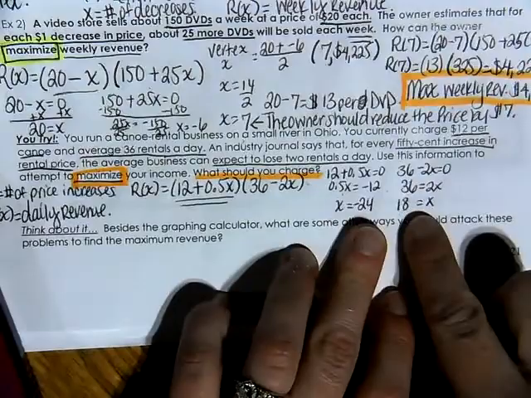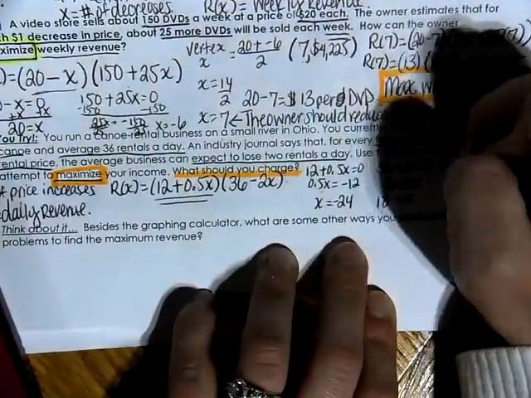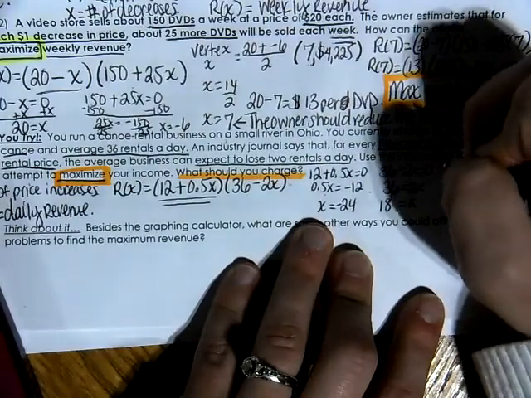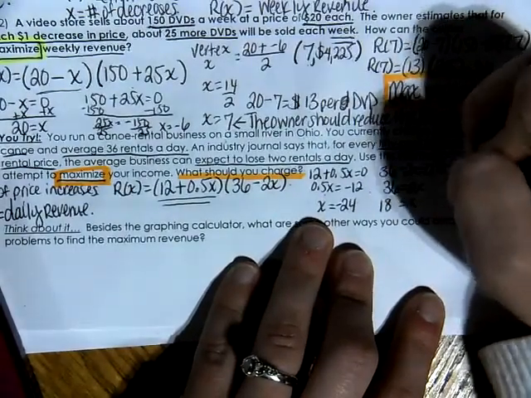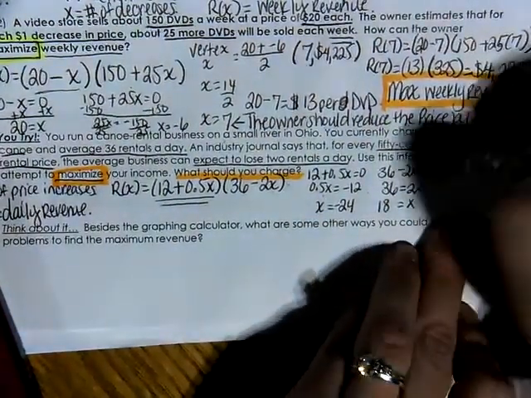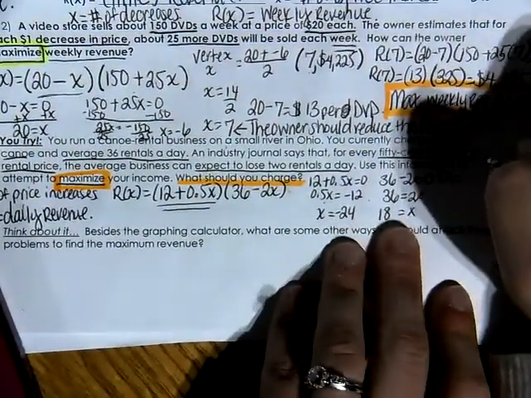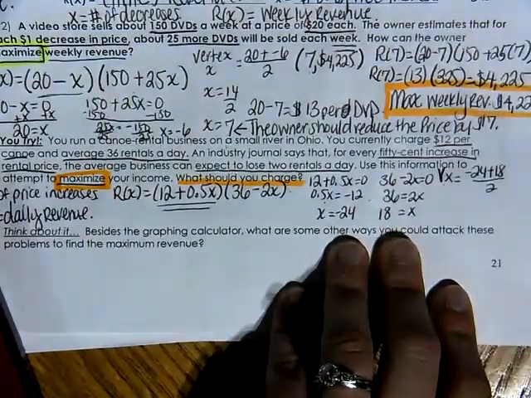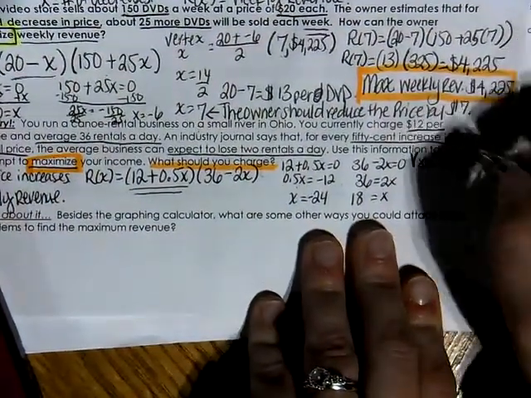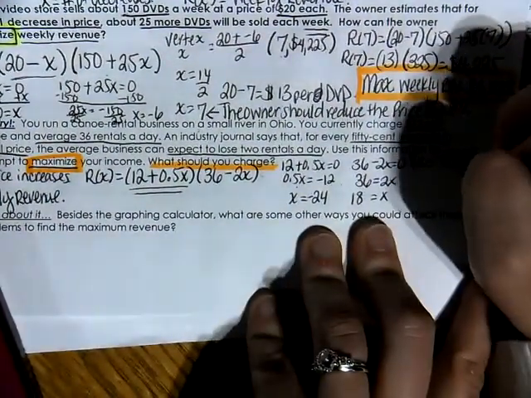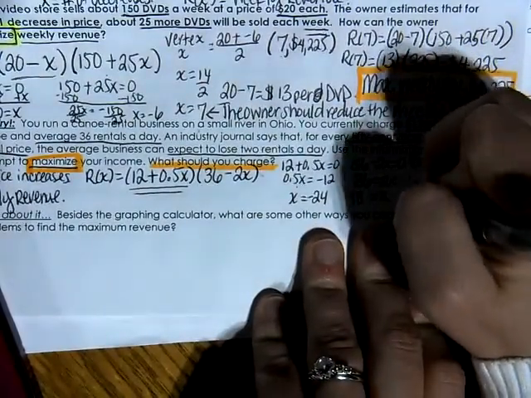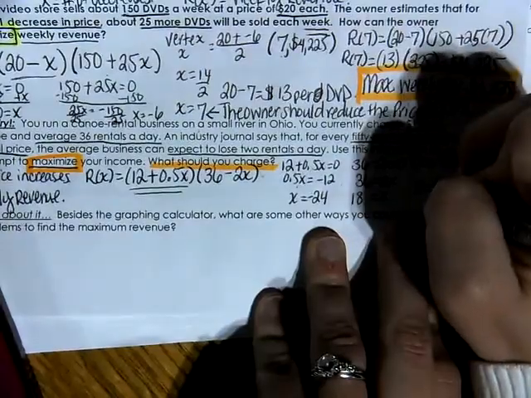All right, so here are my x-intercepts, and now I want to find the vertex x, Vx. That's going to be the average of your x-intercepts. So that's negative 24 plus 18 divided by 2. Negative 24 plus 18 is negative 6. Divided by 2, that is negative 3. So the x part of my vertex is negative 3.